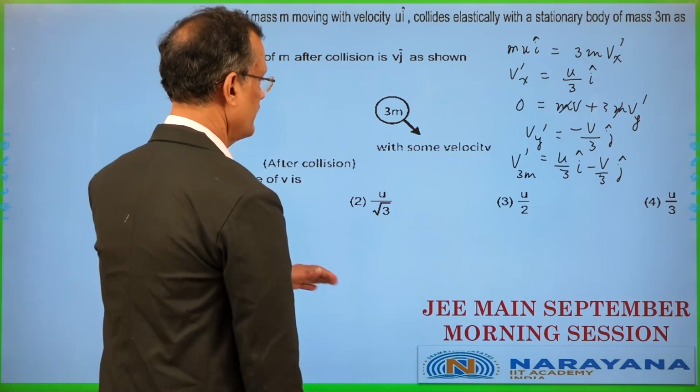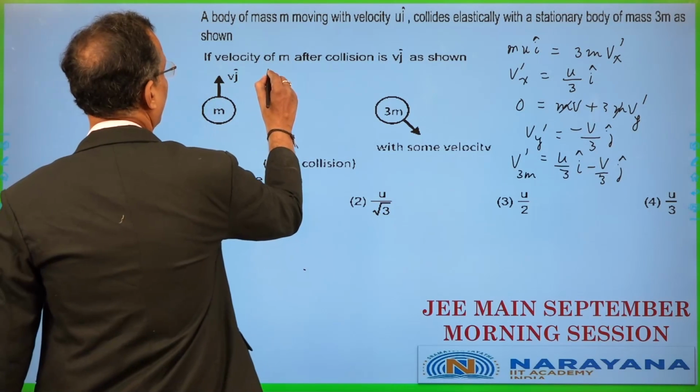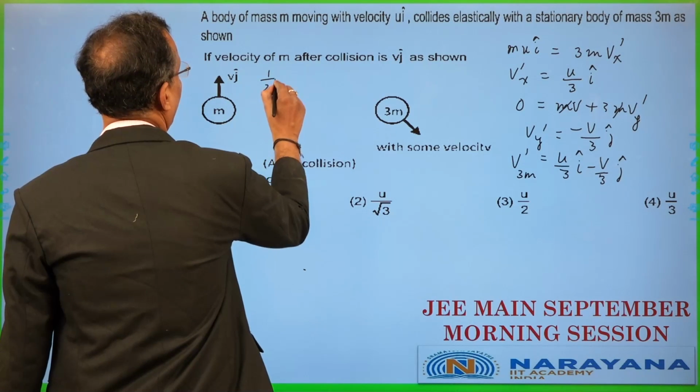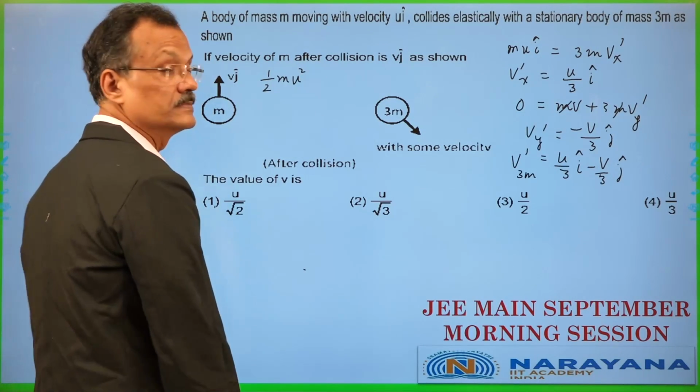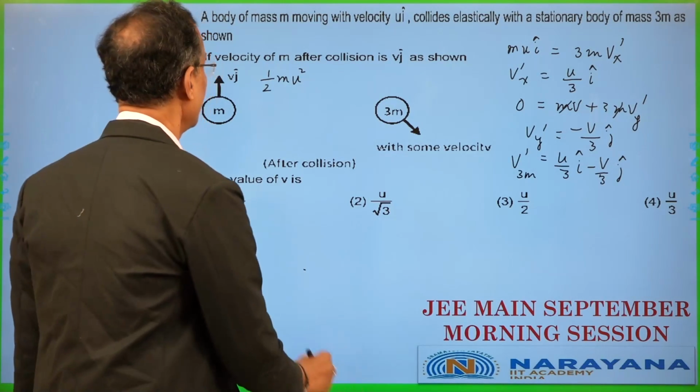Now, use conservation of kinetic energy. Initially I have half m u squared. Kinetic energy is a scalar quantity.